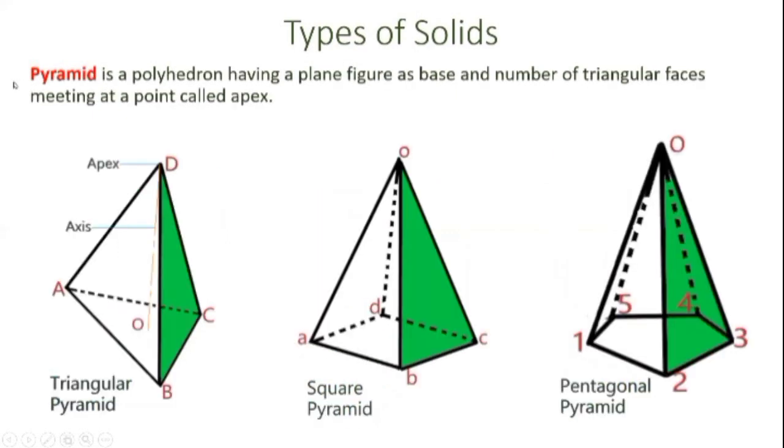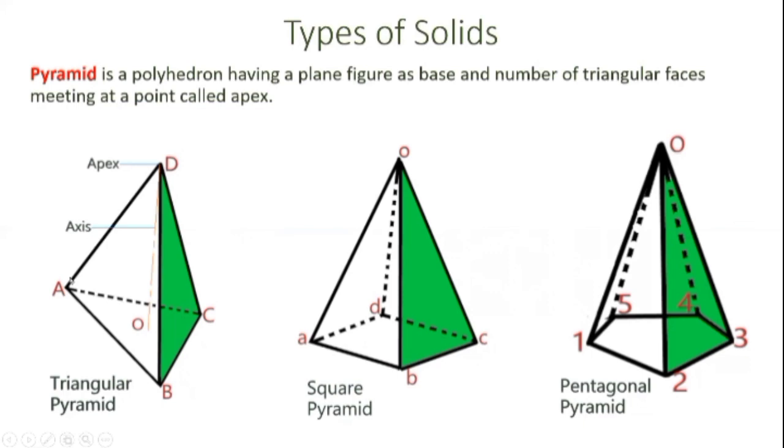A pyramid is a polyhedron having a plane figure as base. Here we have a plane ABC, which is a triangle, and on extending the lines from the points A, B, C, they meet at a point D, which is the apex.